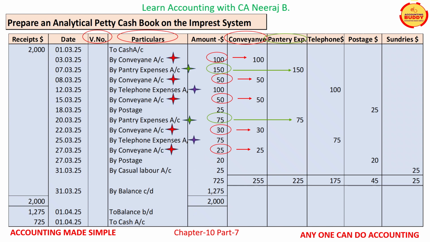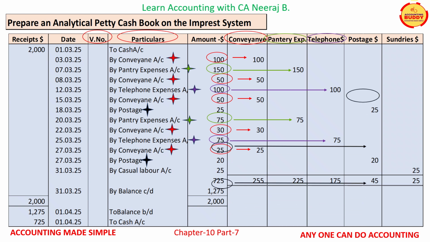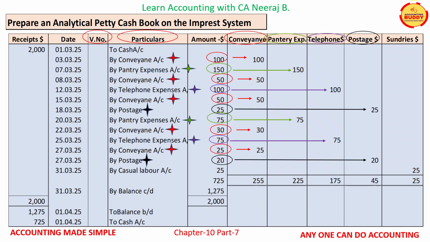Telephone expenses paid out of petty cash will first be recorded in the amount column and then again under the column created for telephone expenses. Similarly, postage paid out of petty cash will first be recorded in the amount column and then again under the column created for postage expenses.